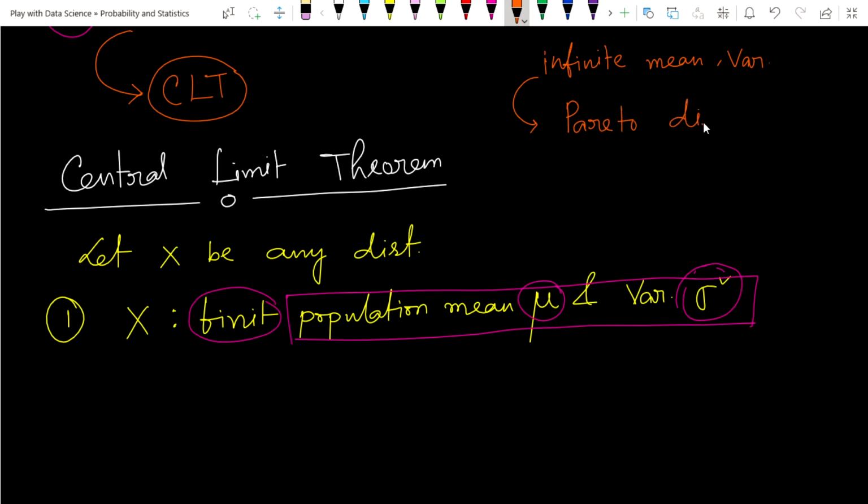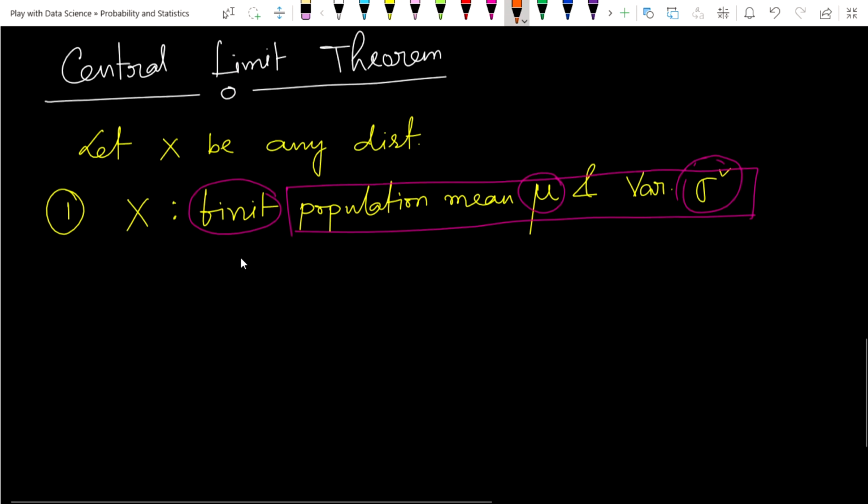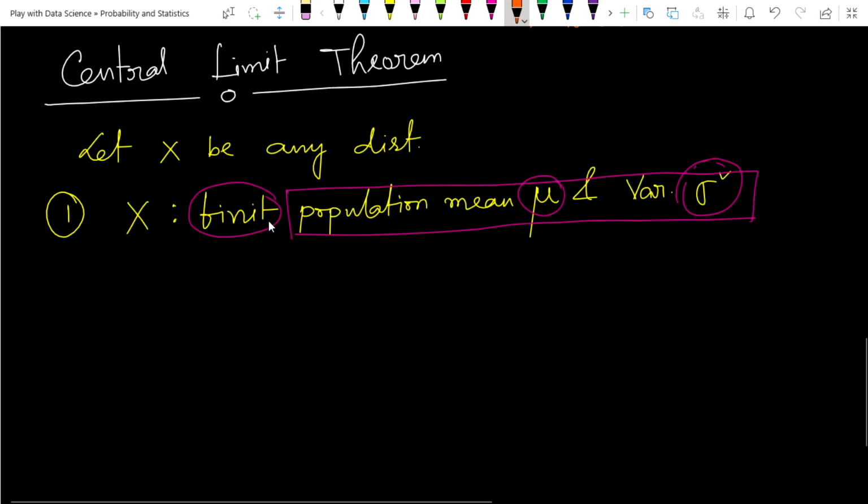In Pareto distributions, the mean and variance are infinite, but the central limit theorem is applicable only to distributions that have a finite population mean and finite population variance. So that is the first assumption.